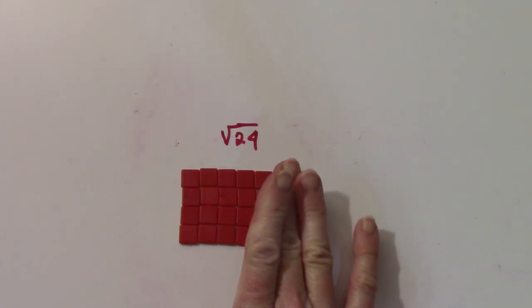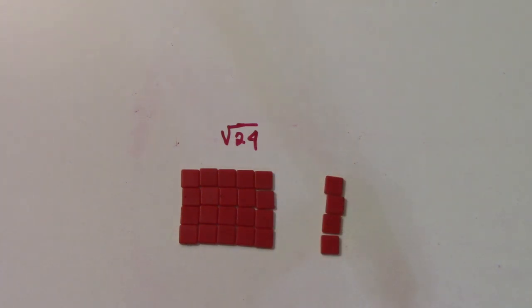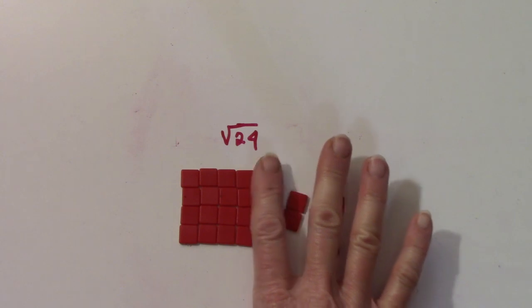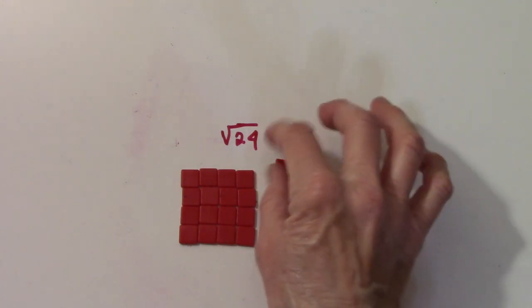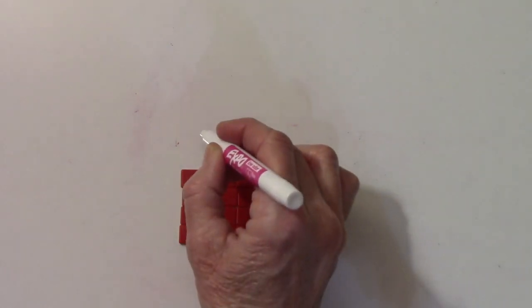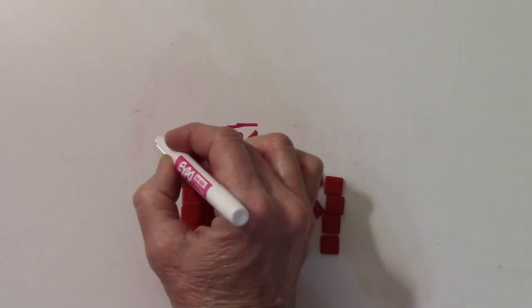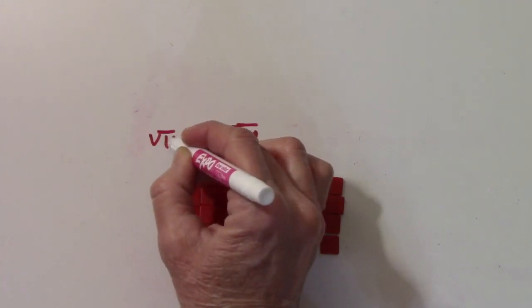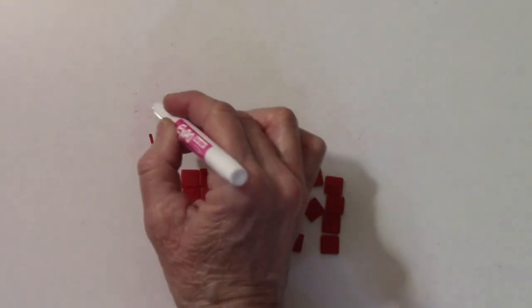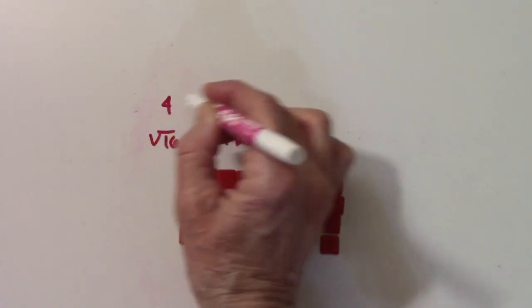If I take those away, it's a rectangle that's 4 by 5. And if I take these away, then I have a perfect square that's 4 by 4. So I'm using 16 tiles. The area is 16, and I'm looking for the length of the side. So the length of the side is 4.